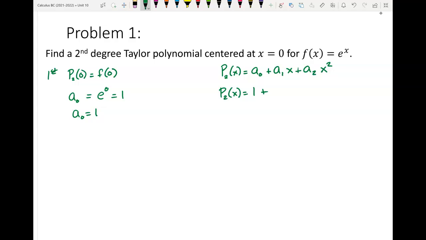Now, what did I say to find a sub 1? What do I need to do? So p sub 2 prime, taking the first derivative, at x, equals f prime of x. What is the derivative of our polynomial?